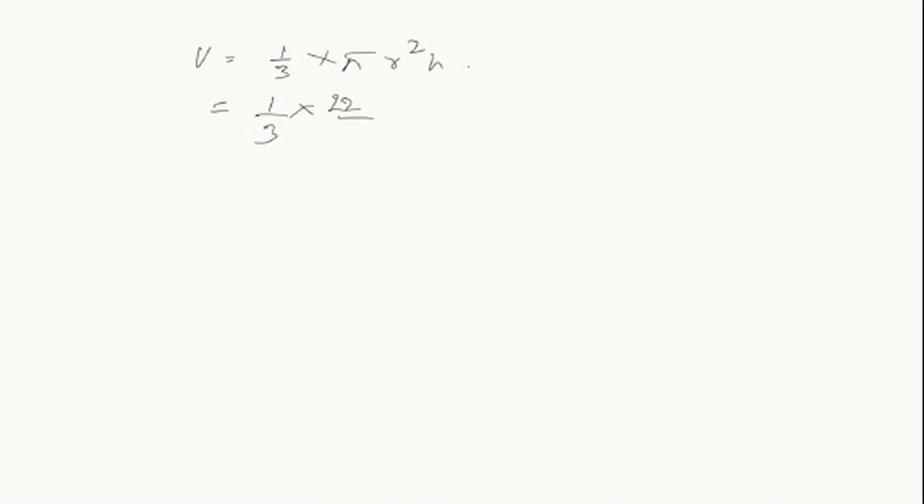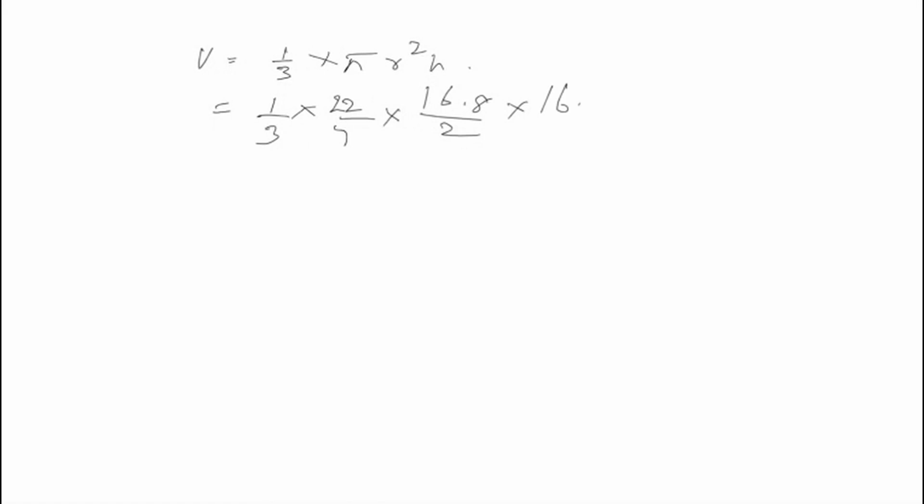258.72. So 22 by 7. Radius is 16.8 by 2, which is 8.4. Then by 3, h is 3.5. Am I correct? Yes, ma'am. So 8.4, 8.4, 0.5.